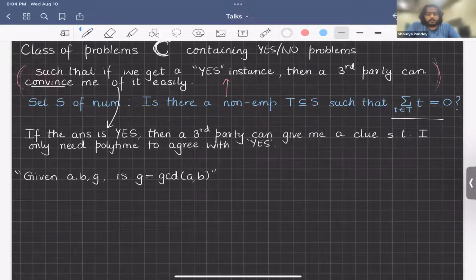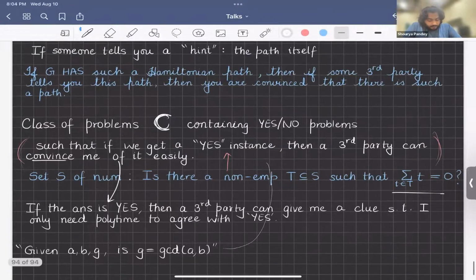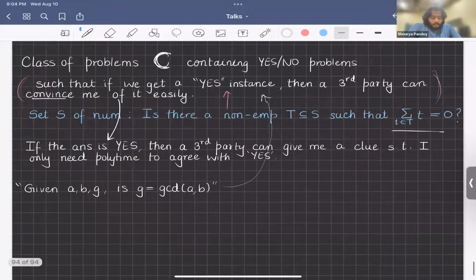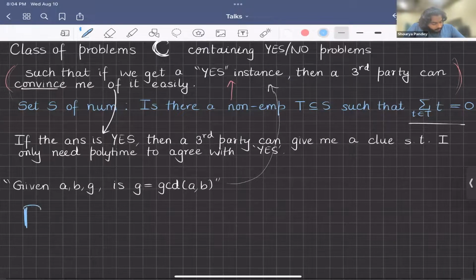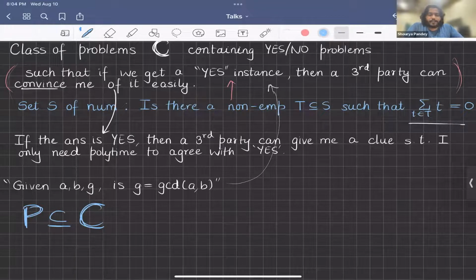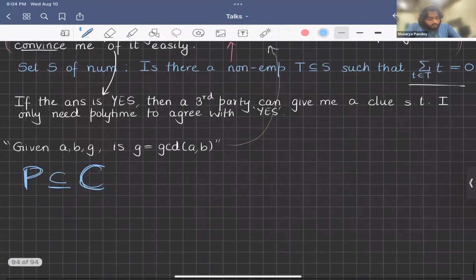I can anyway do it in polynomial time and figure out the answer, right? So this is also a part of this. Even if the answer is no, I can still do it in polynomial time, and if the answer is yes, even then I can do it in polynomial time. So the point is all polynomial time problems belong to this class because I don't even need the third party. I can myself find the answer.